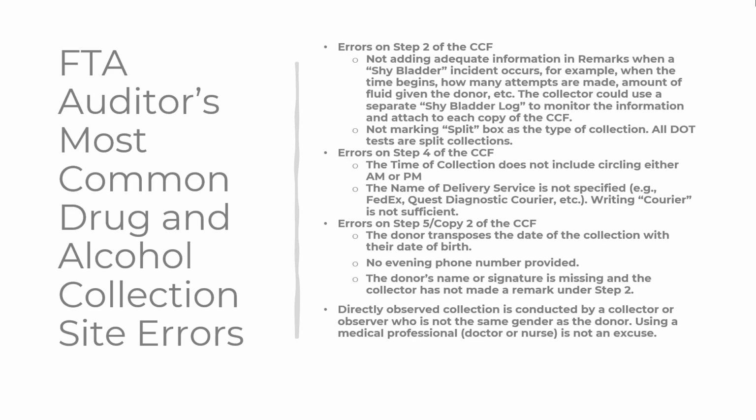And then no evening phone number provided. This one, you have to have one phone number in there. So make sure it's available. A lot of people just have one phone anymore. And then the donor's name or signature is missing and the collector has not made a remark in step 2. Maybe they said, I'm not signing this. The donor didn't write the name in and then say they refused to sign.